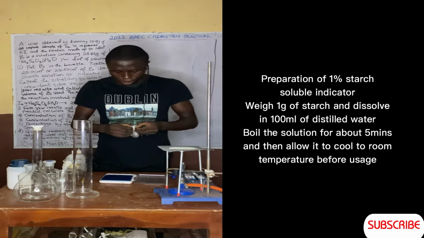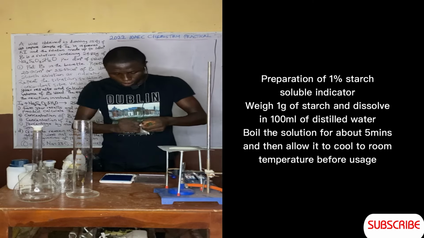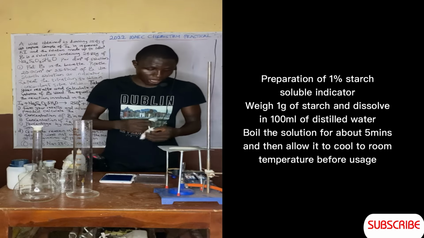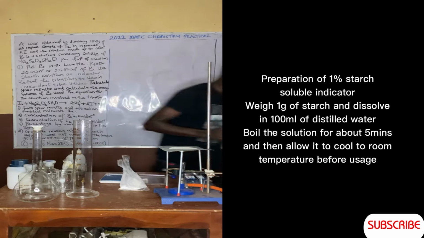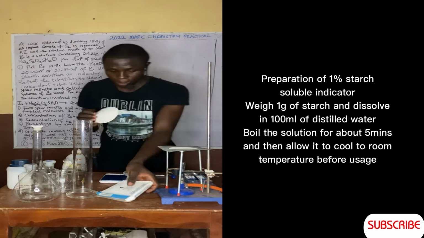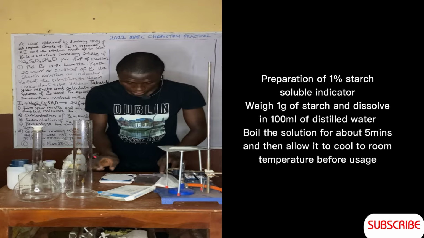So we are going to take 1 gram of soluble starch. Let me take my filter paper. So I'm measuring with my filter paper now.